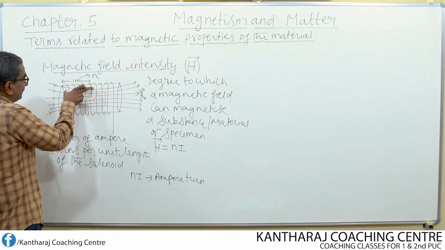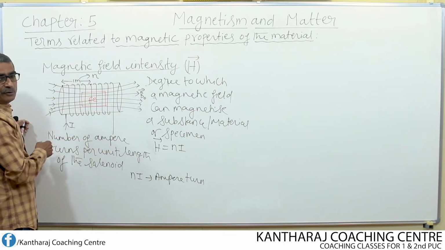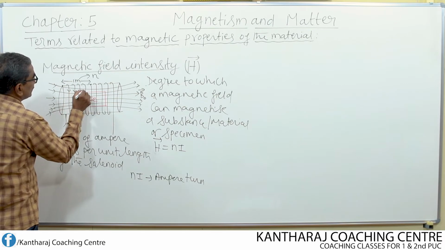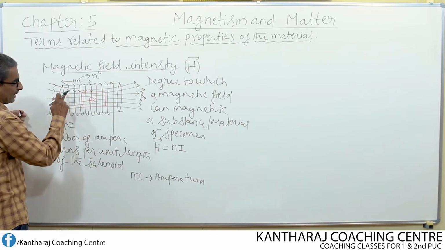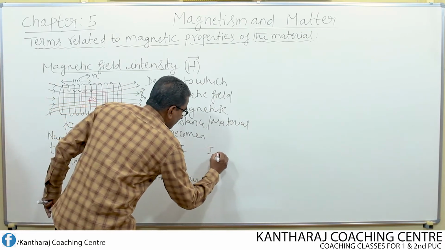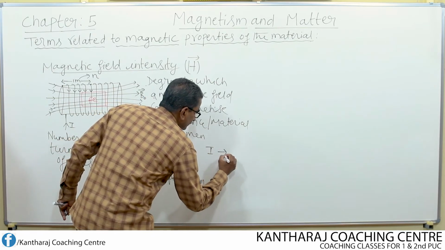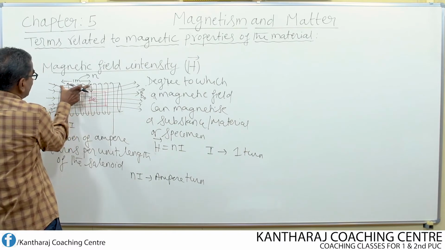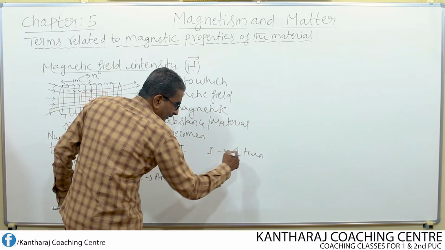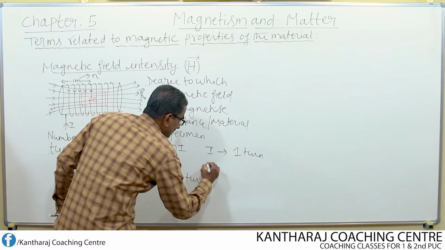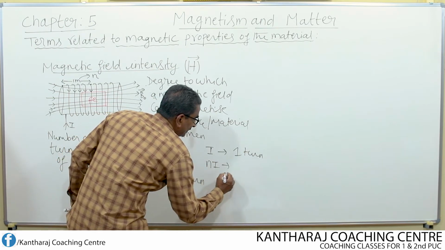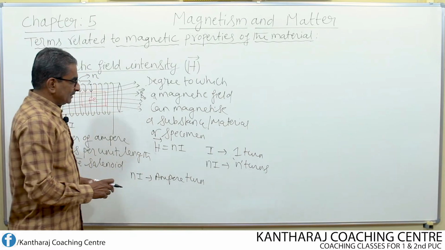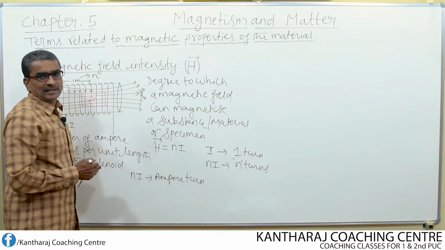If I is the current flowing through each turn, then the current flowing through n number of turns is nothing but n into I. That is nothing but ampere turn.